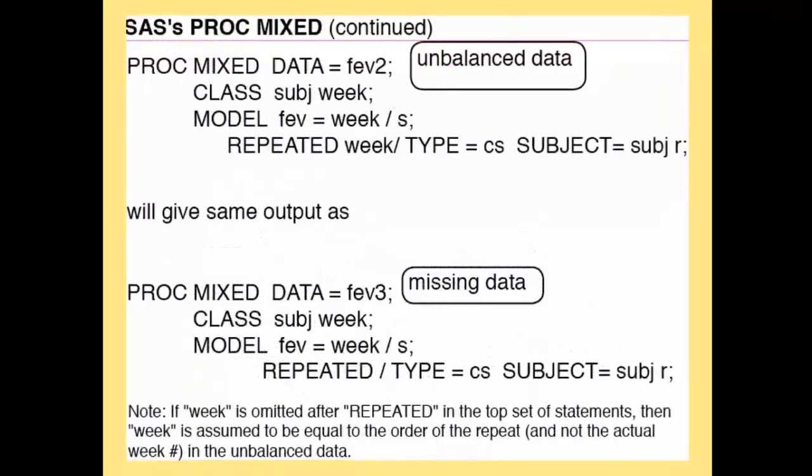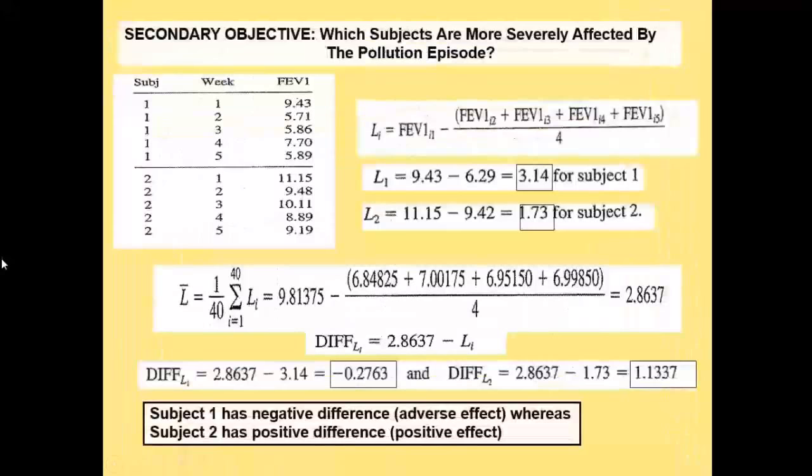So, okay, we talked about this issue of what if you have missing data and how can you make sure the computer knows where the missing data is. Talked a little bit about that. Talked about the FEV example and the 2 issues with it. The overriding question was you had these 5 weeks of FEV measurements on 40 kids, and you wanted to see whether the average FEV score over the 5 weeks was different.